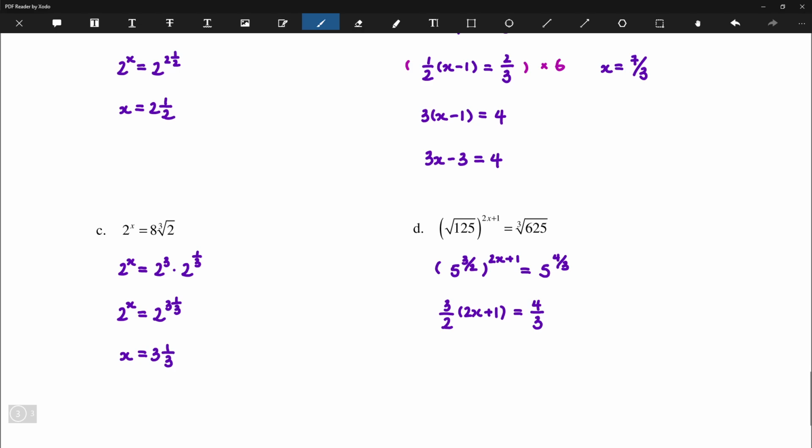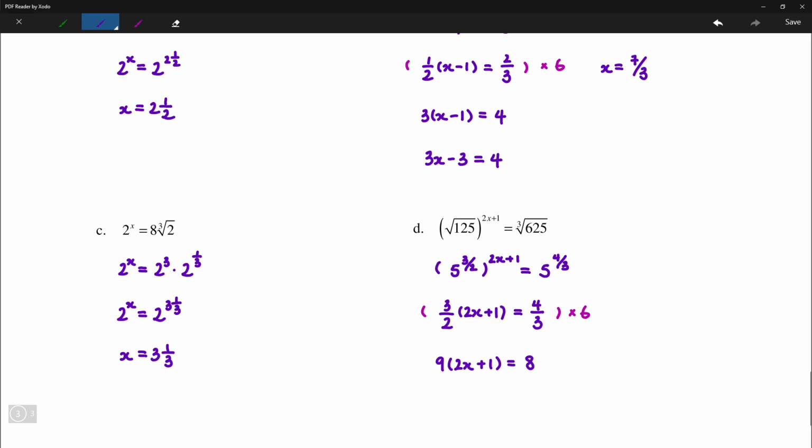So just like in example B, we're going to multiply everything by 6 once again. So on the left-hand side, we have 9 times 2x plus 1. On the right-hand side, we have, let's see here, 8. Right, 6 divided by 3 is 2, 4 times 2 is 8.